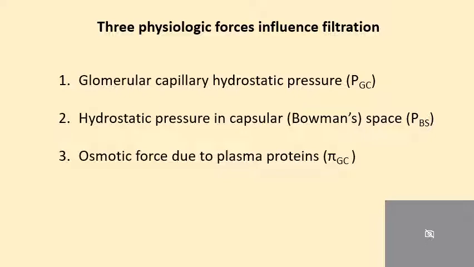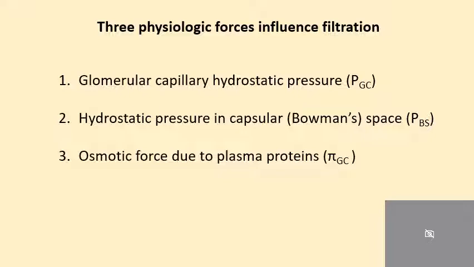And there are three different pressures that influence filtration in the nephron. The first two are hydrostatic pressures. So there's going to be a fluid inside a container, and that fluid will apply pressure to the walls of that container. The first one, glomerular capillary hydrostatic pressure, that's going to be blood pressure inside the glomerular capillary.